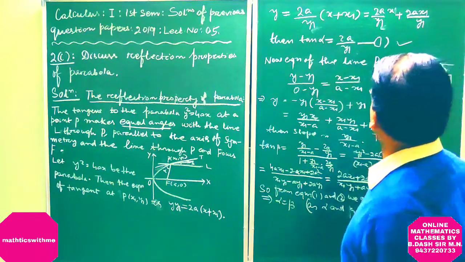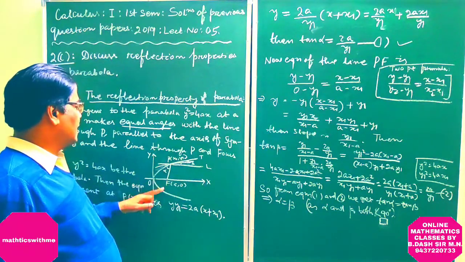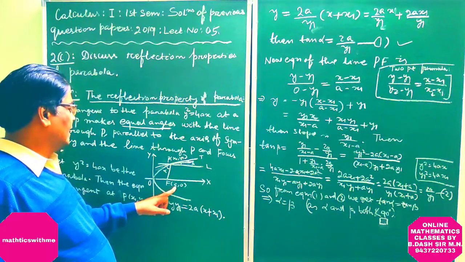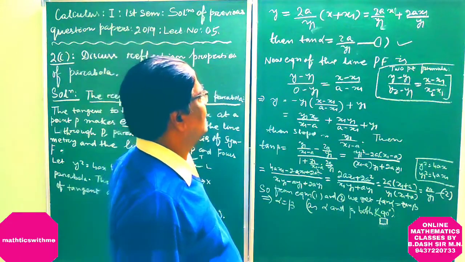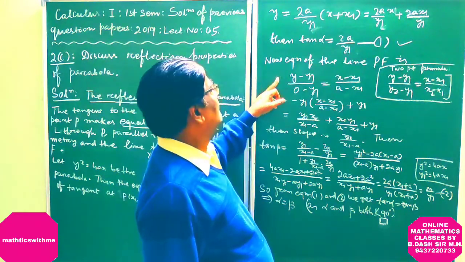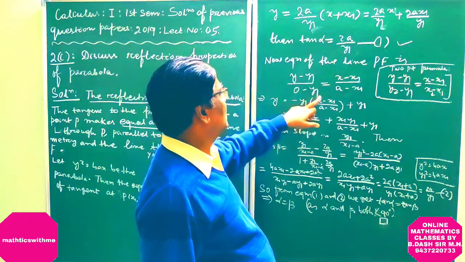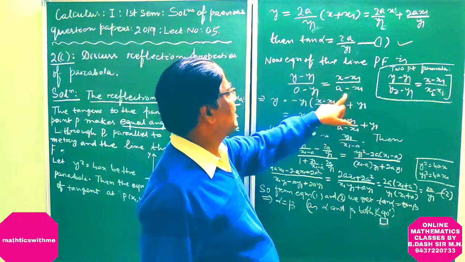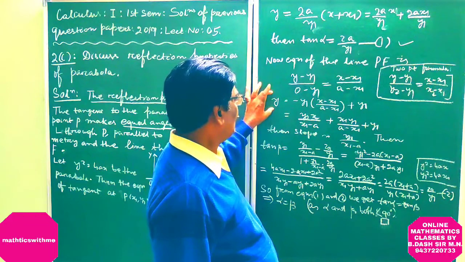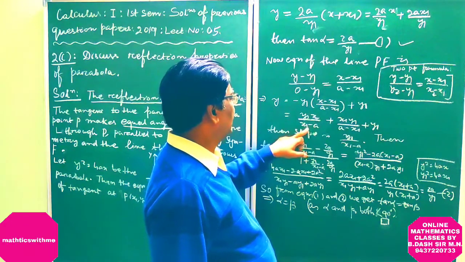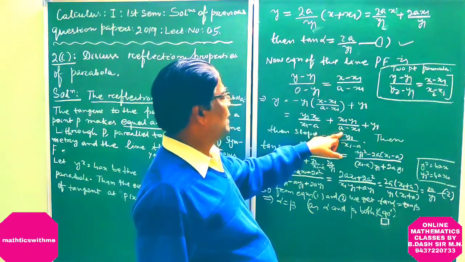Now the equation of line PF: because the coordinates of P are x1, y1 and the coordinates of F are a, 0, applying the 2-point formula for the equation of a line, we get the equation of line PF as y minus y1 by 0 minus y1 is equal to x minus x1 by a minus x1. Now solving, we get y is equal to y1 x by x1 minus a plus x1 y1 by a minus x1 plus y1.